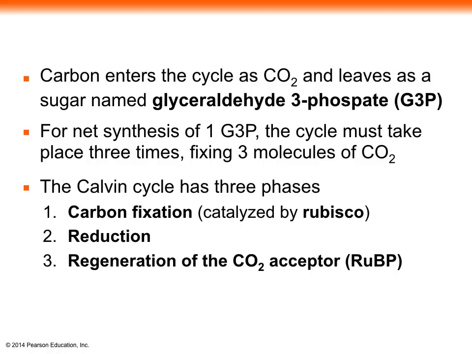Some of the terms that I want you to be familiar with are G3P. Also, Rubisco is the enzyme that starts the entire process. And then RuBP is ribulose bisphosphate. We'll take a look at these.